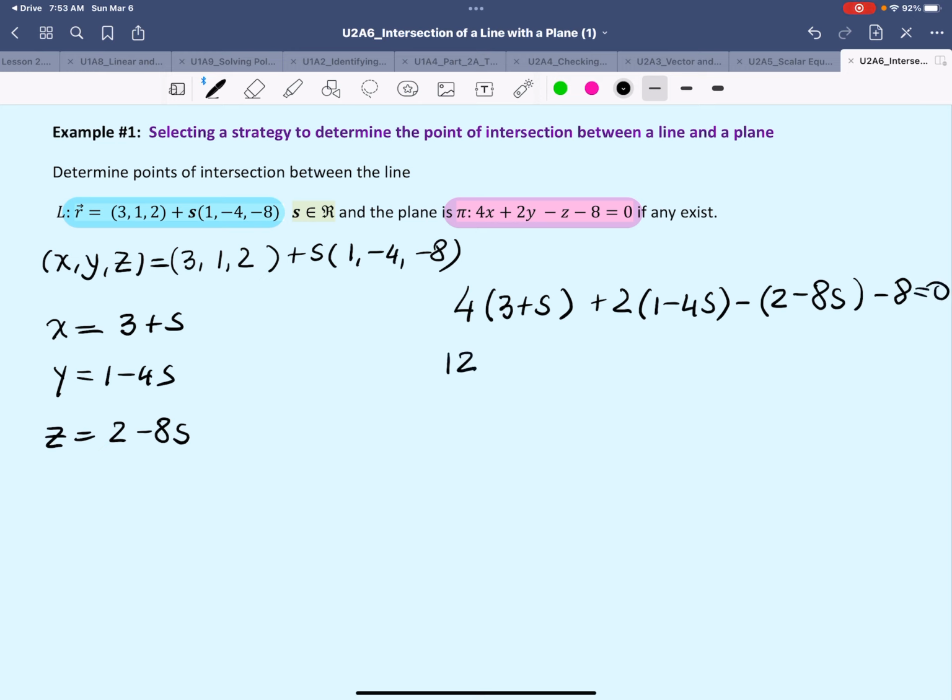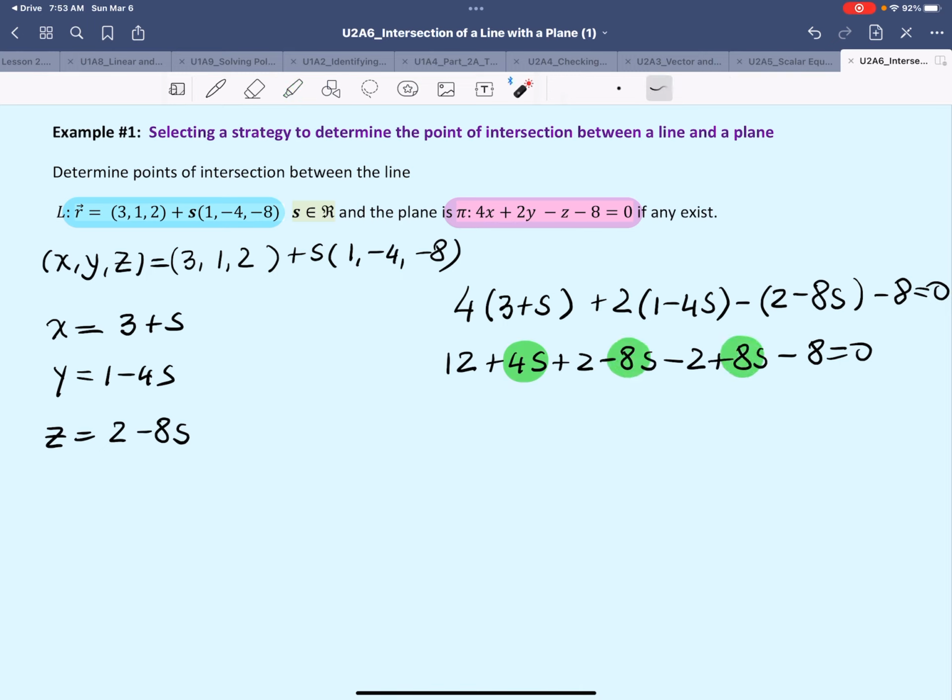So solve the equation for s: 12 plus 4s, plus 2 minus 8s, minus 2 plus 8s, minus 8 equals 0. Collect like terms, so start off with s terms.